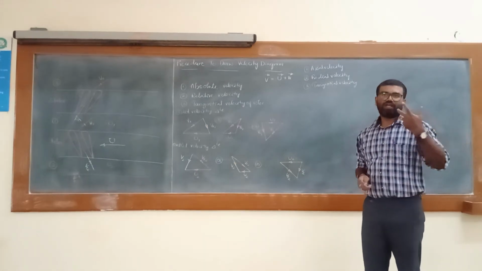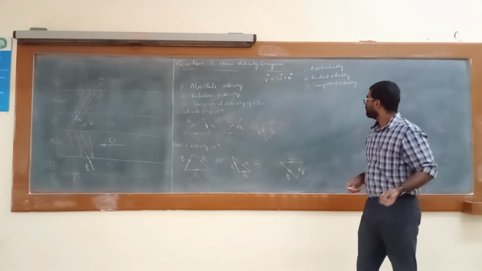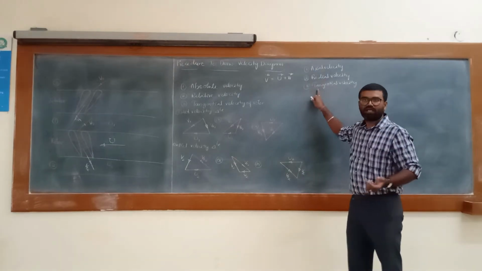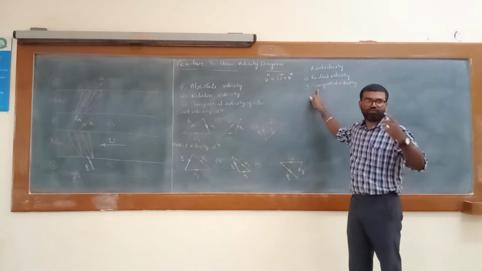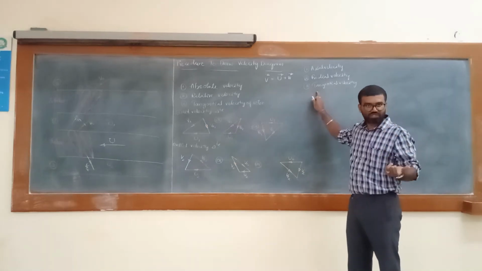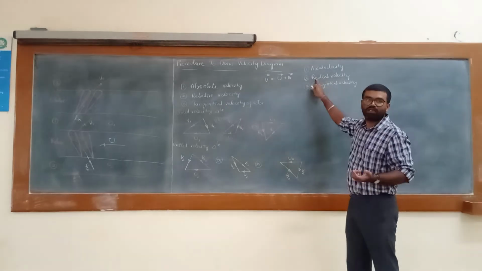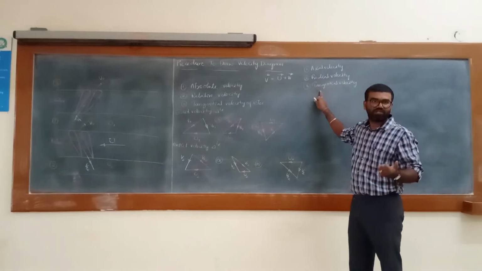For example, in an axial flow machine, you will have axial velocity component and tangential velocity component. In a radial flow machine, you will have radial velocity and tangential velocity.